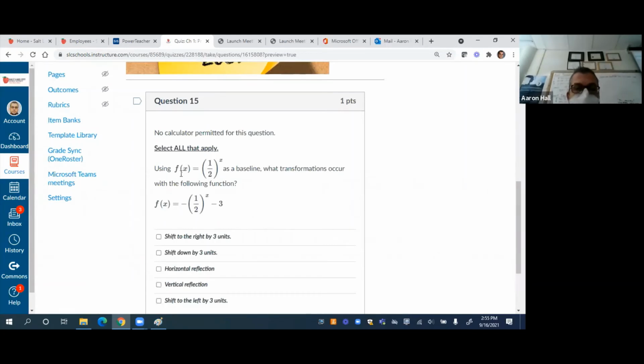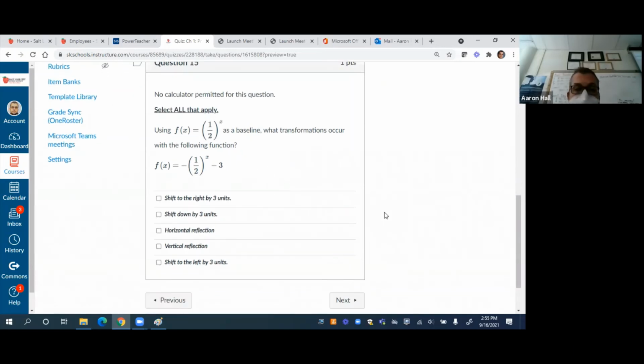So the next one says, use our function here as a baseline. What transformations occur with this function here? How many transformations do you see? 2. What are those 2 transformations? Yeah, down 3. This is my D value, D as in dog.